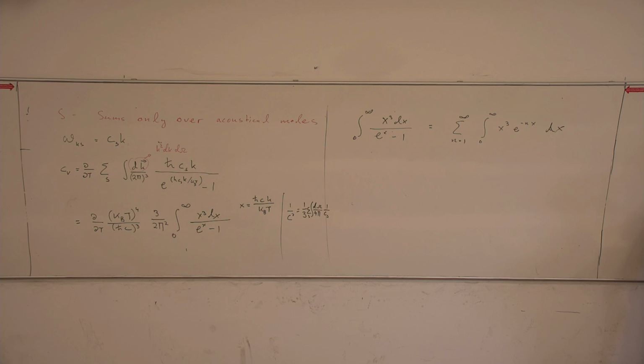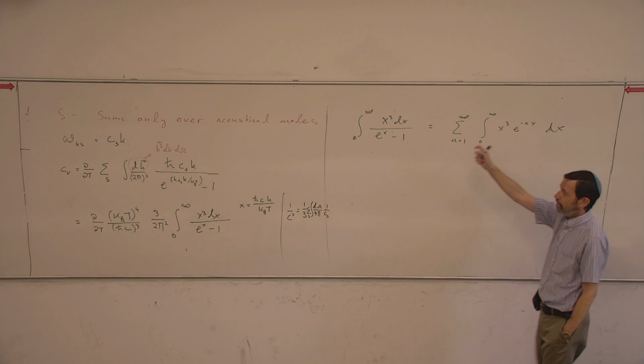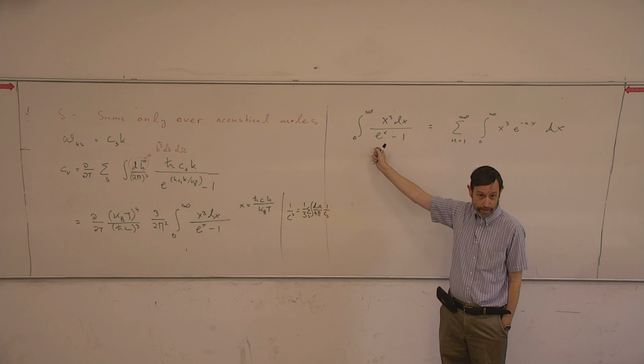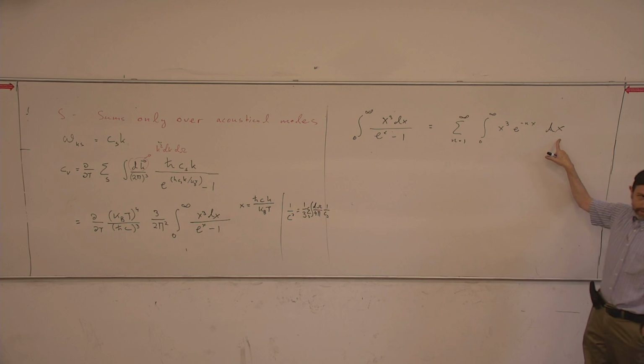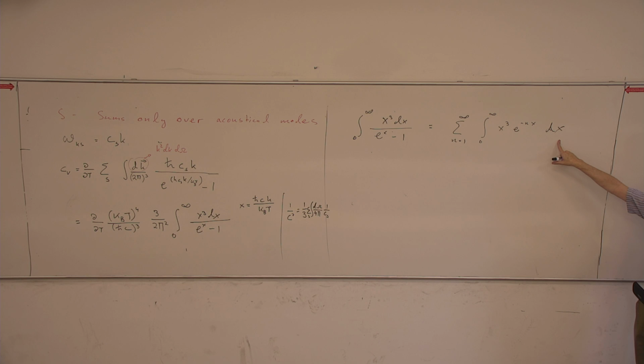You turned the denominator into its Taylor series. No, it's not even a Taylor series, it's a geometric series. The result of this geometric series is simply this. What did I gain by it? This integral I know how to perform. So I move from integrals that I didn't know how to perform to a summation of a series.